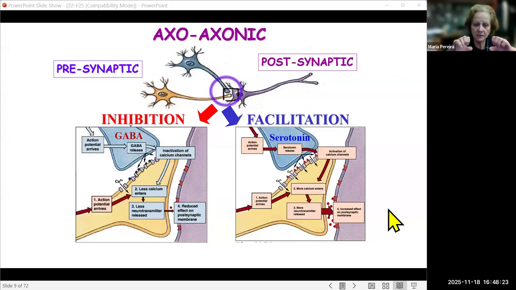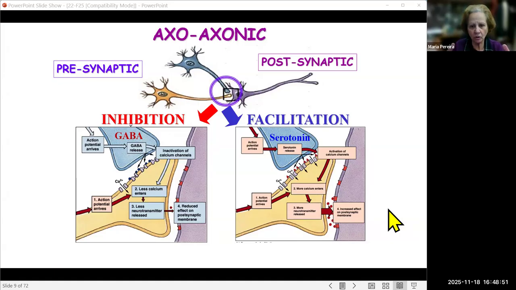They cannot inhibit the action potential. They cannot inhibit movement at the muscle. So you do need inhibition, because if not, you also go to epilepsy. Think about epilepsy, which is all these action potentials occurring at the same time because you inhibit GABA.